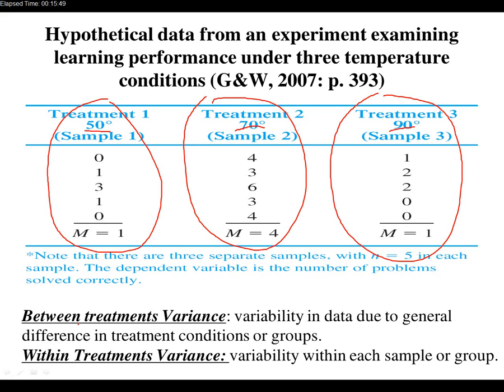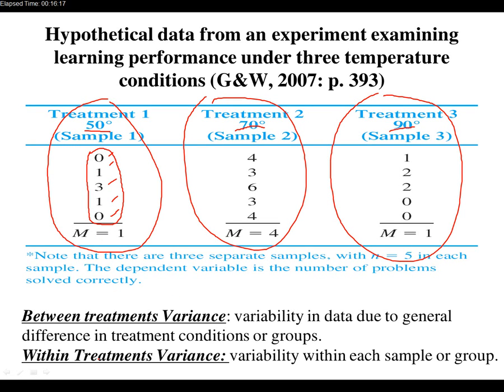We have 2 things that we're looking at. See this? This is all within one treatment. This is treatment 1, and it's all at 50 degrees. So these 5 people, 1, 2, 3, 4, 5, each got these scores, and the mean is 1.